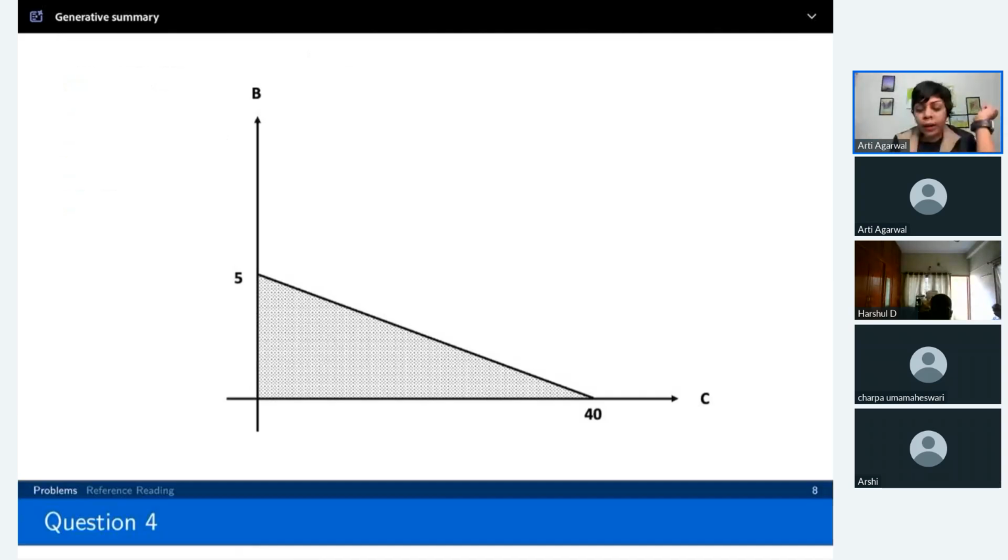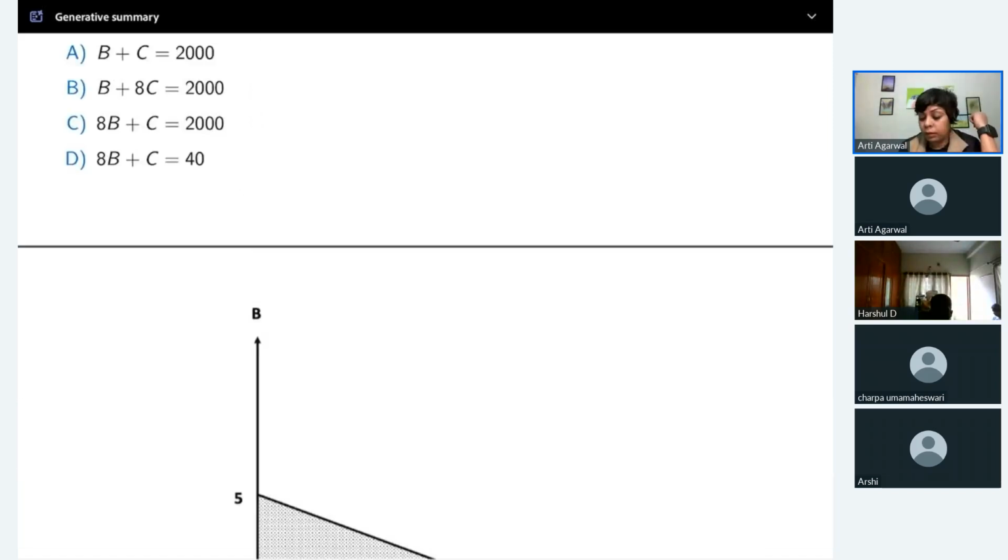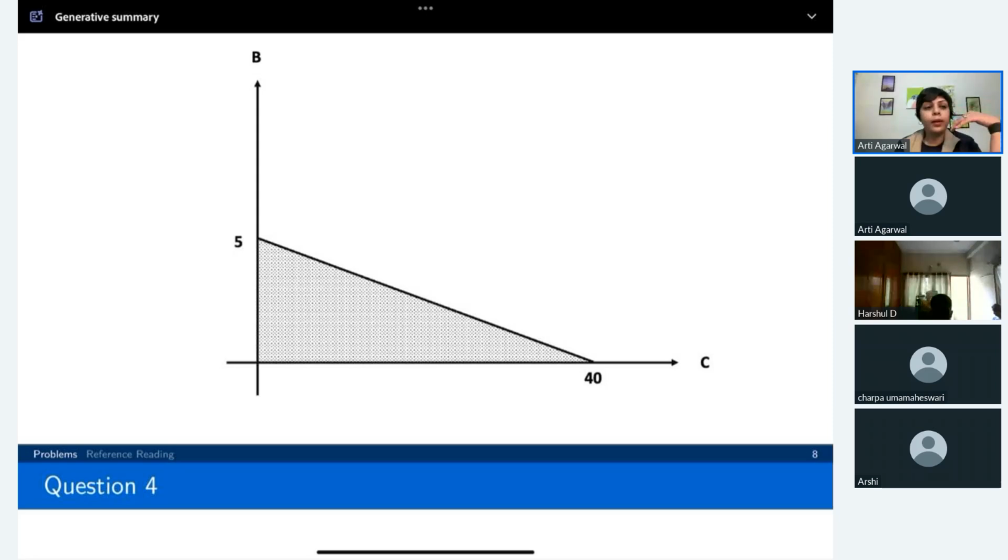And why have we shaded this whole part? Because this is the budget line. But this shaded part in this diagram, that is the budget set, right? The budget line is the upper boundary of the budget set. What we mean by budget set is that Avery can consume anything, like realistically, she can consume anything in this entire shaded area.